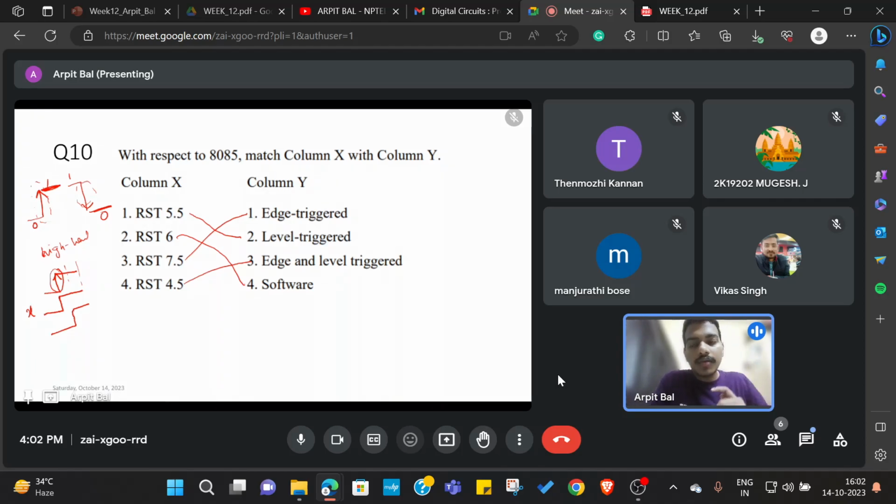But in case of level triggered logic, okay, let us say that any system is edge triggered, let's say positive edge triggered. Let me change the pulse width like this so it will be better.